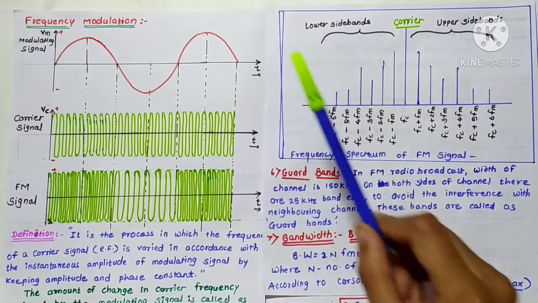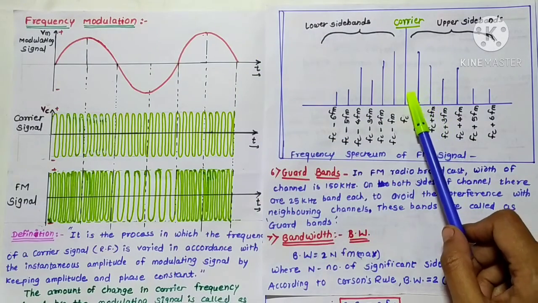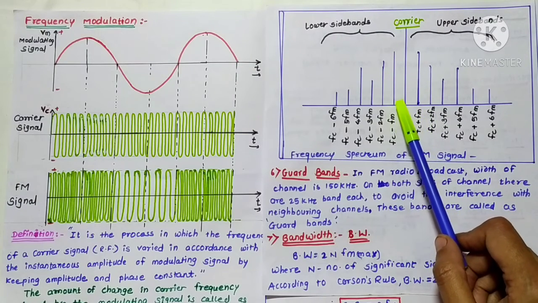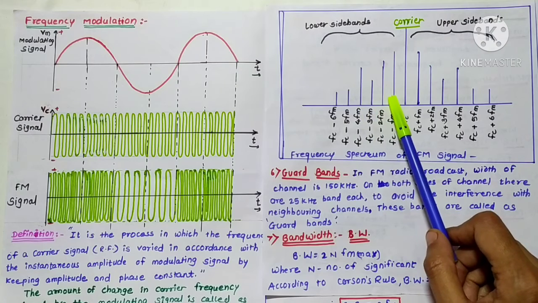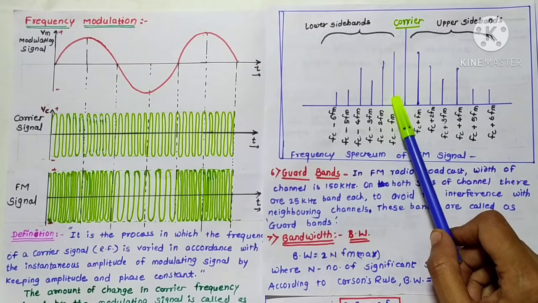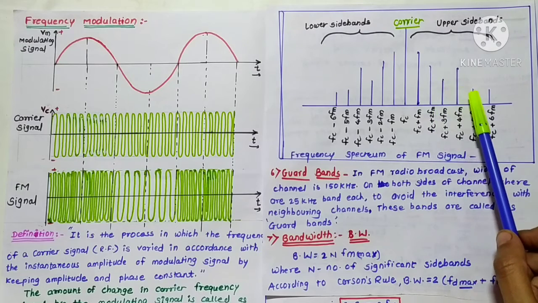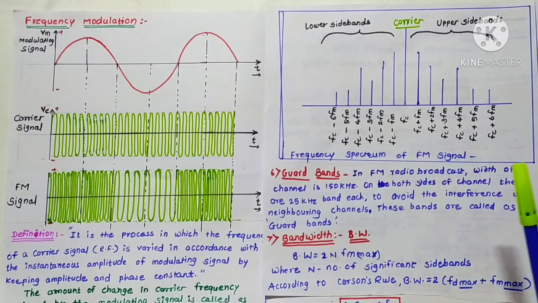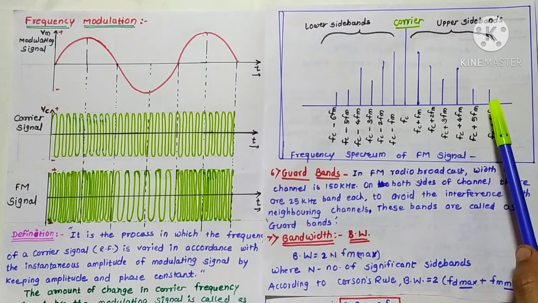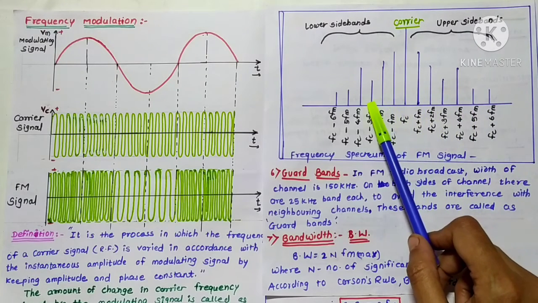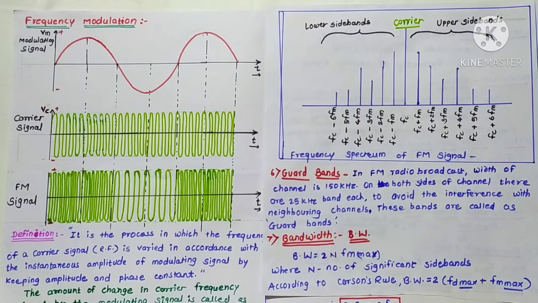The sidebands are spaced from the carrier and from one another by a frequency equal to the modulating frequency Fm. As the amplitude of the modulating signal changes, the frequency deviation will change. So, the number of sidebands, their amplitude and their spacing depend upon the frequency deviation and modulating frequency.